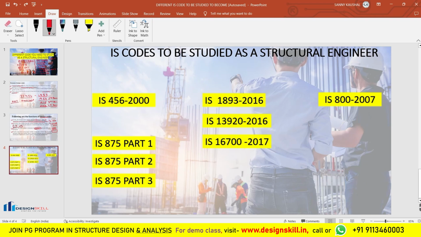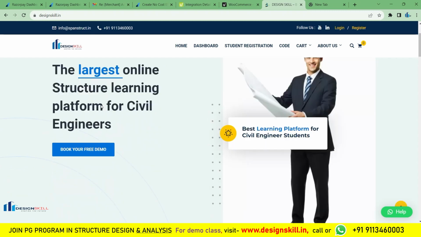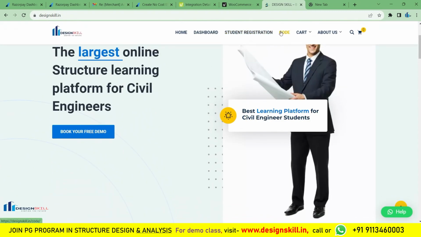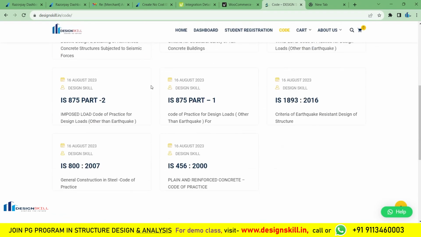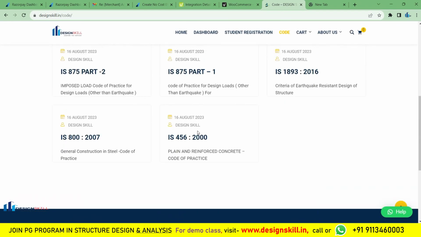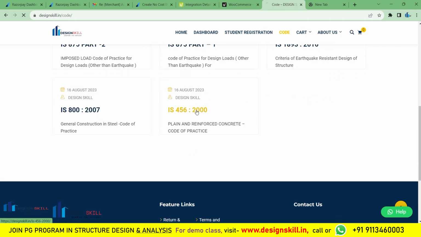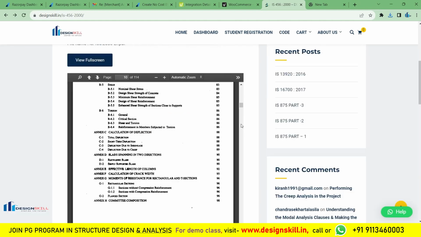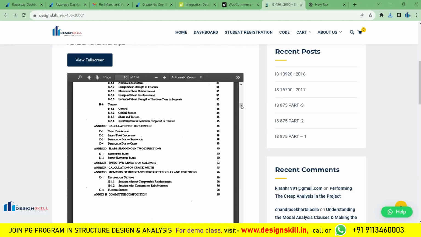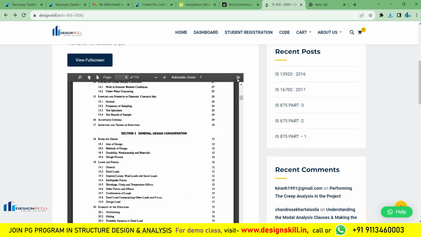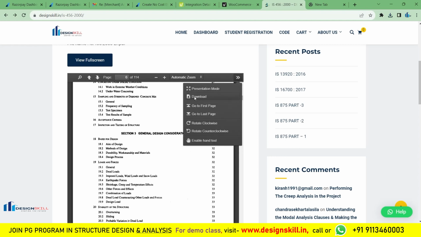If you're not finding them, you can go to our website, DESIGNSKILLS.in, click on the code option, and you will find all the important codes listed. If you want to look at the IS 456 code, you click on this option. You can view this code directly in the browser, or you can download it, open the PDF, and study it.